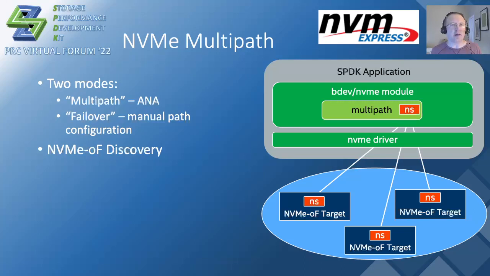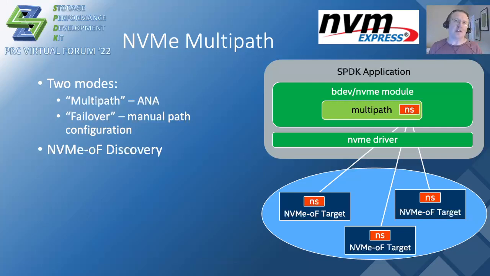Next, NVMe multipath. This work started actually more than a year ago, but this is really fully complete now. Shuhei Matsumoto from NVIDIA has really been driving a lot of this work, and SPDK now supports 2 modes. First is multipath, which is based on asymmetric namespace access, ANA, which is defined by the NVMe spec.